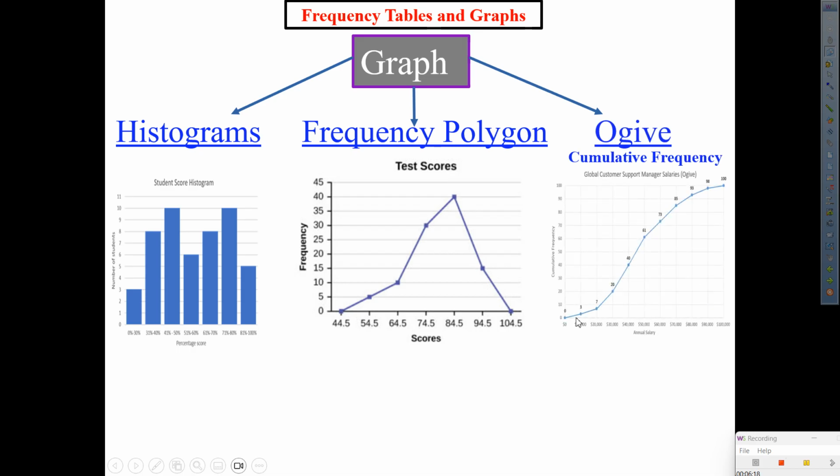You've seen this very often when they want to show stocks and their movement in whether they're going upward or downward. So copy those, please, on your notes. All right, so three of the most common are histograms, frequency polygon, and Ogive, known as cumulative frequency.